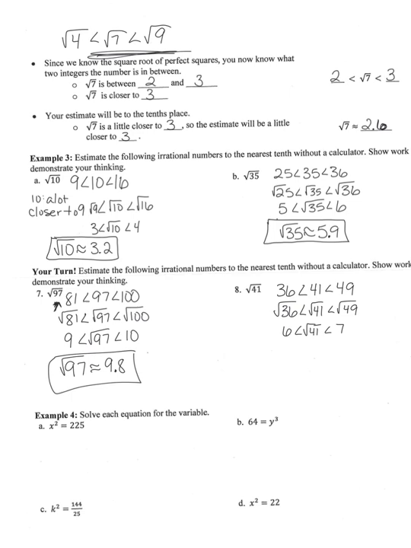And in my original work right up here, 41 is 5 digits away from 36, while it's 8 digits away from 49. So I would say that the square root of 41 is closer to 6 than it is to 7.